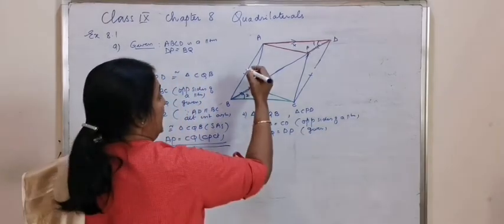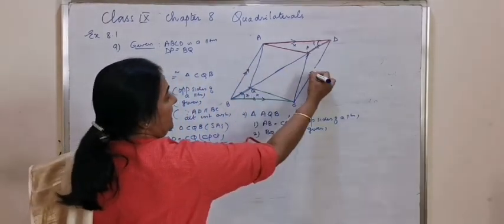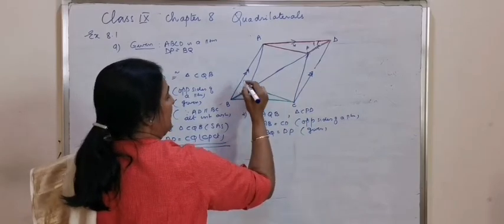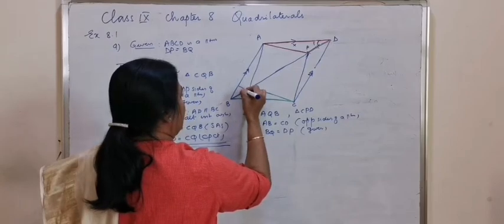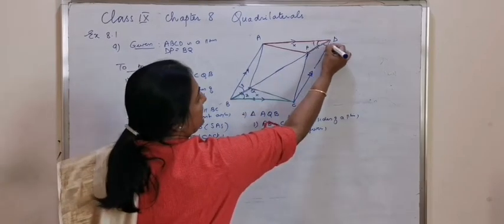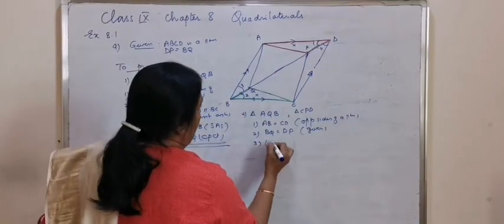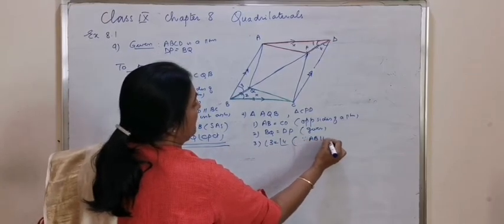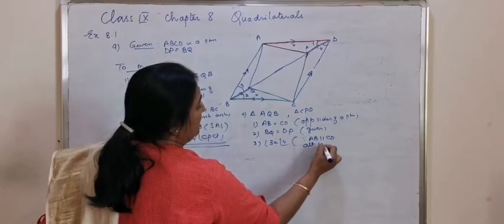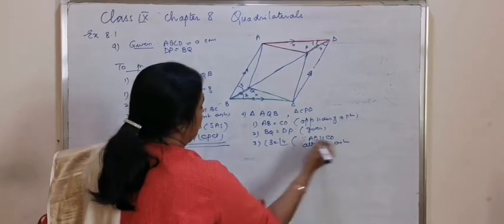Here, the lines are AB and CD. The angles are angle 3 and angle 4. Angle 3 is equal to angle 4 since AB is parallel to CD, alternate interior angles.